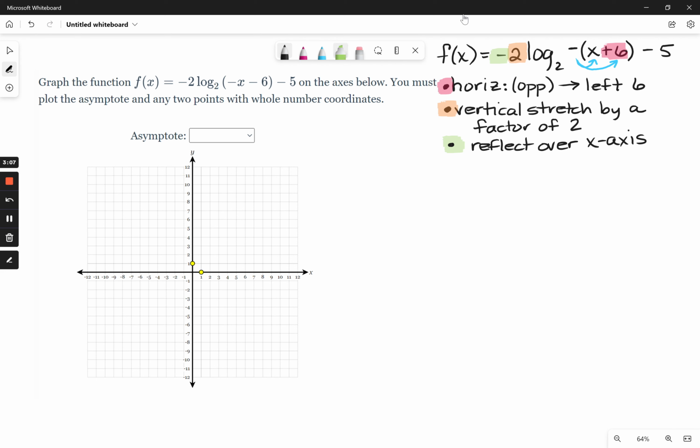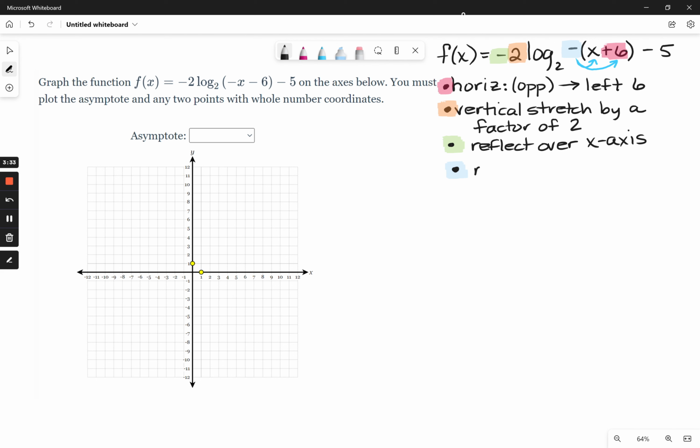You are going to notice, though, that there is another negative happening here, and that negative, let us highlight it in blue. That negative I'm talking about is this one right over here. We do need to pay attention to that negative as well, okay? So you have 2 reflections for this transformation of reflection occurring.